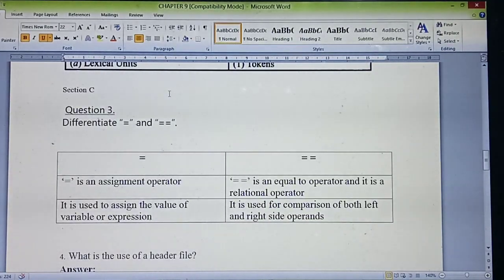Third 3-mark question. Okay. Question number 3, 3-mark question. Third one: differentiate equal to and double equal to. Write fast.